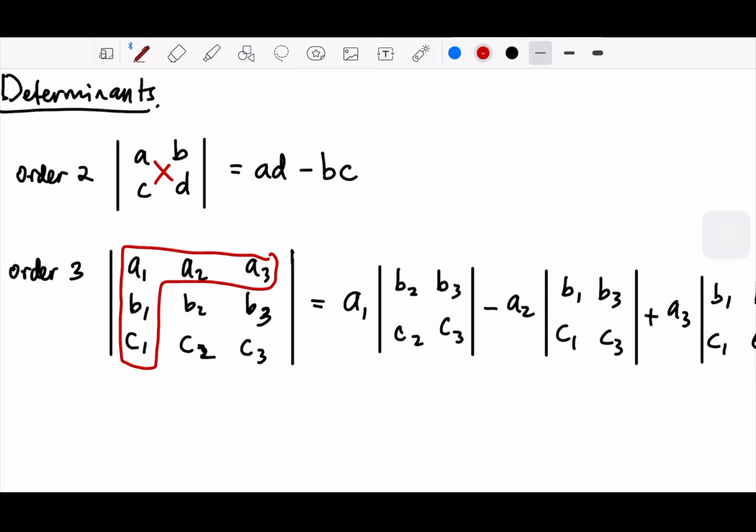And the same way, we can also cover A2, row and column, and A3. So we can get the other part of the order 2 determinants.